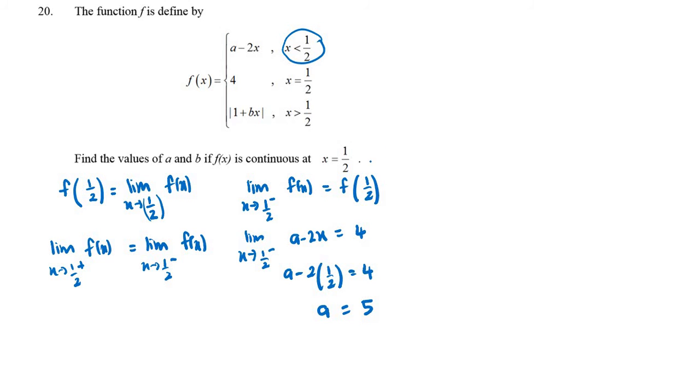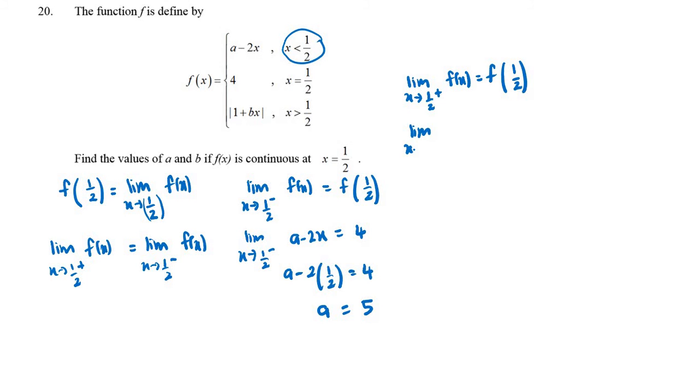And for the next one, we can take the limit from the right. If we take the limit of x approaching 1 over 2 from the right of f(x), that is equal to f of 1 over 2. If that is equal, then we check the function.